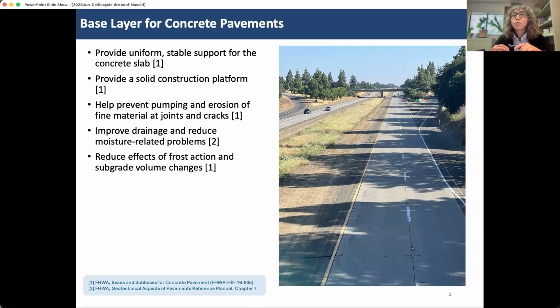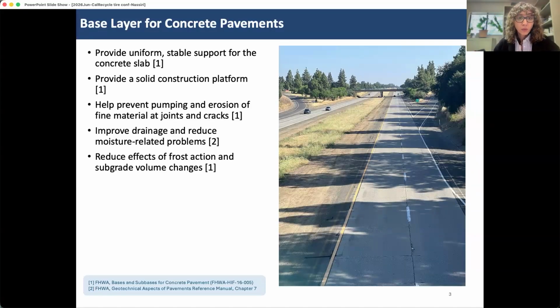So as a background, for those of you who may not be as familiar with concrete pavement on highways specifically, the base layer is the direct layer underneath that top concrete slab, and its role primarily is to provide durable, uniform, stable support for the concrete slab to sit on.